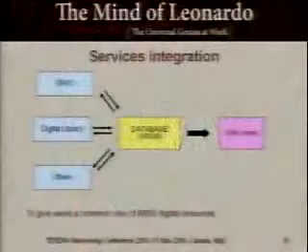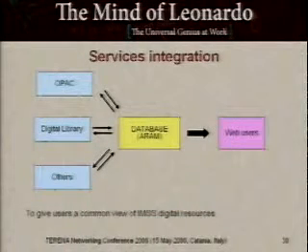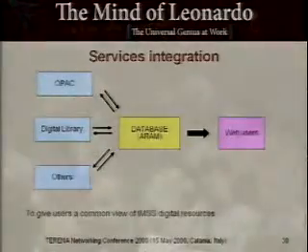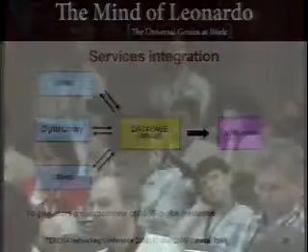We can use this database to collect metadata from other applications, not necessarily contained in it, like the OPAC, the digital library, etc., to give the web users a unified interface.